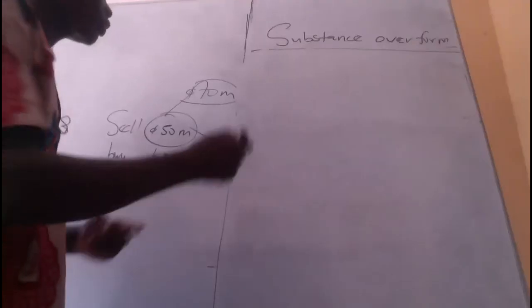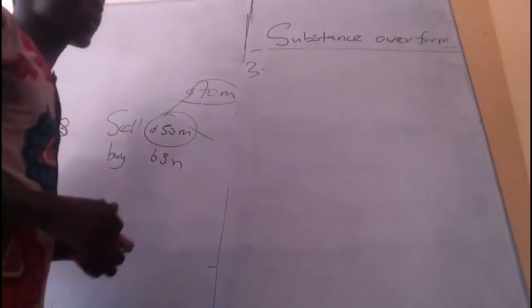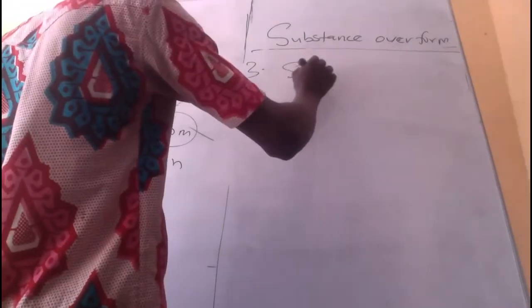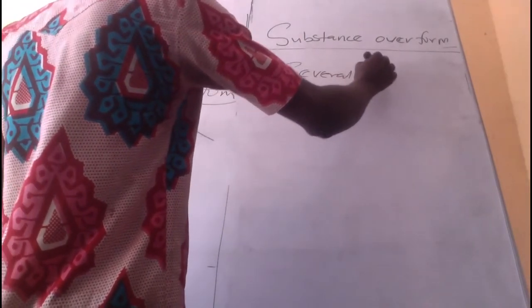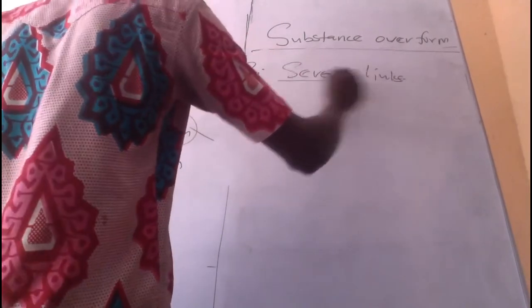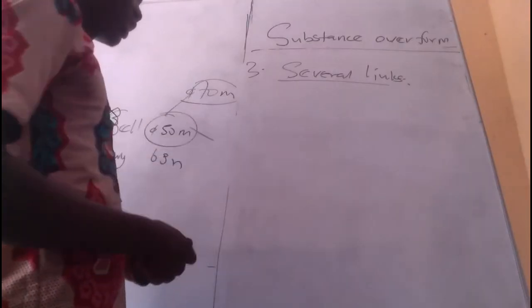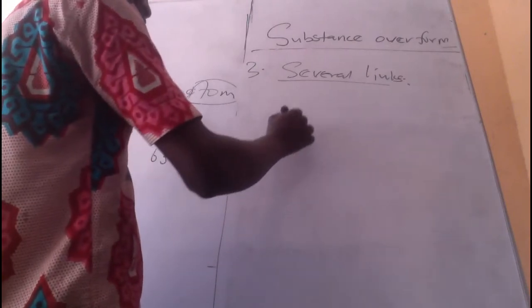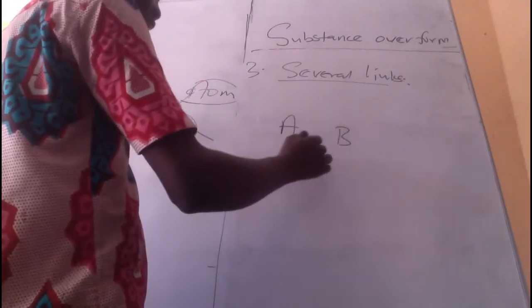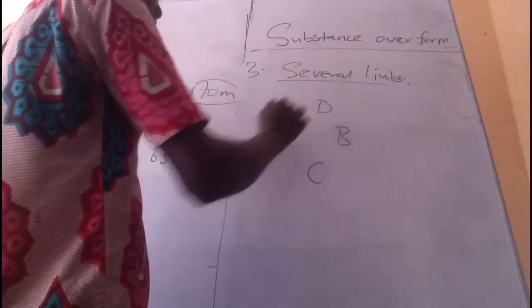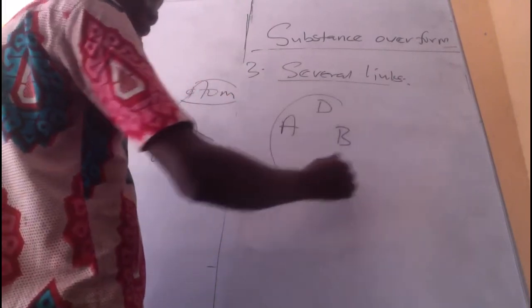Good. So the third indication is where there are several links to the transaction. Like you are selling from A to B, B to C, and then C to, let's say, D. And then you know where we are heading towards, right?